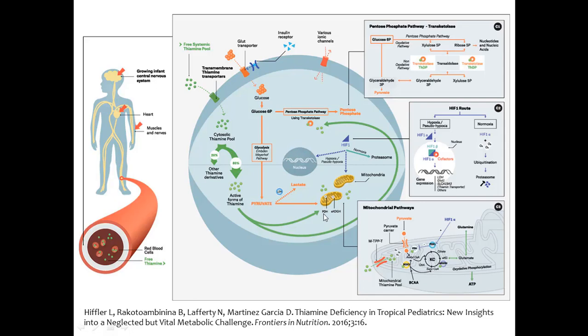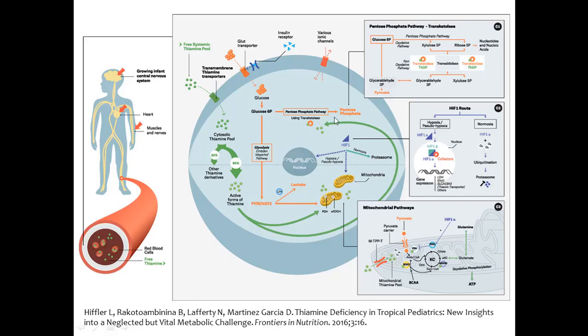And here you see the mitochondria in yellow. There's that pyruvate dehydrogenase, there's that alpha-ketoglutarate dehydrogenase, two key steps in the mitochondrial production of energy. And then glucose, of course, is converted here to pyruvate, and can be converted into lactate if the pyruvate is not then moved into the mitochondria.